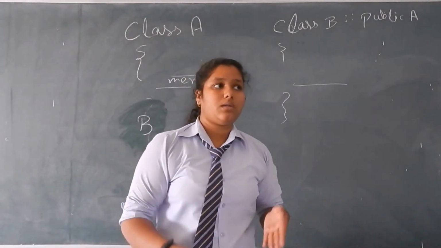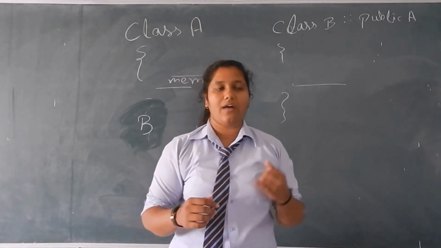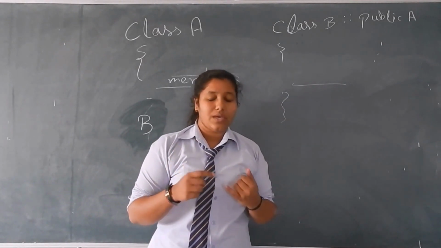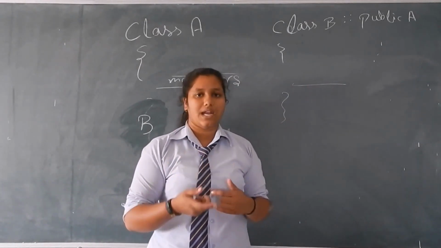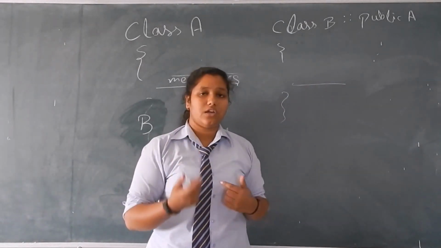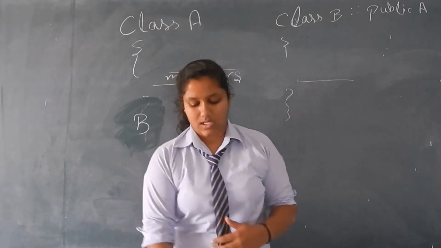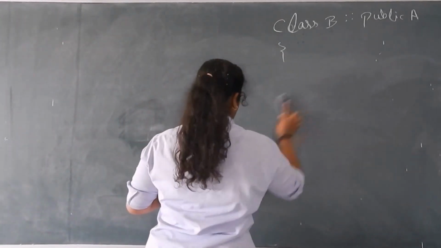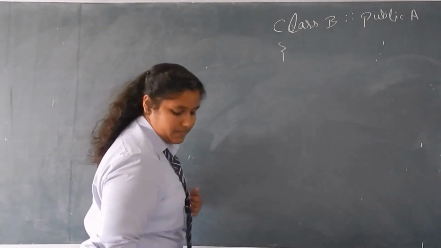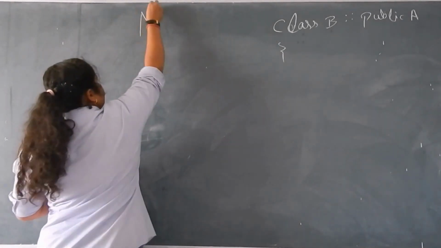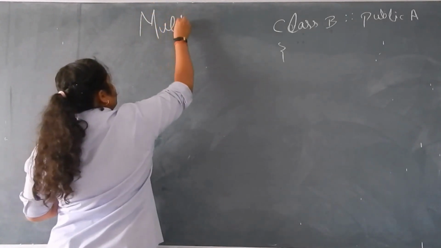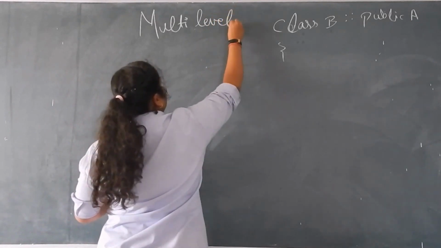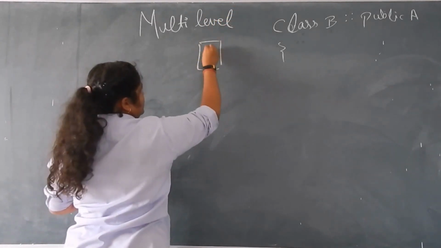Similarly, in multilevel inheritance, we have a base class, and we have a derived class which inherits from a class which is in turn derived from a base class. This is the base class.